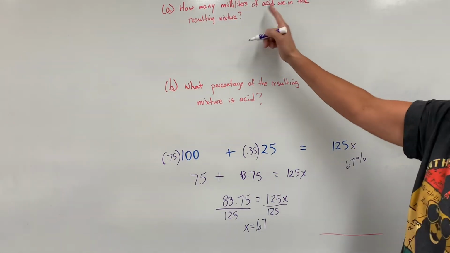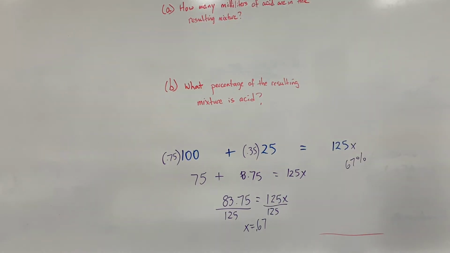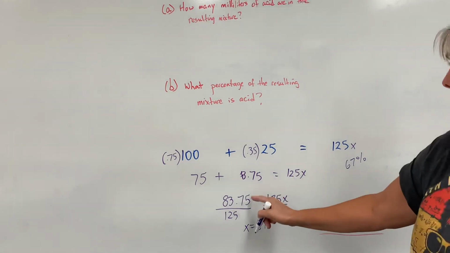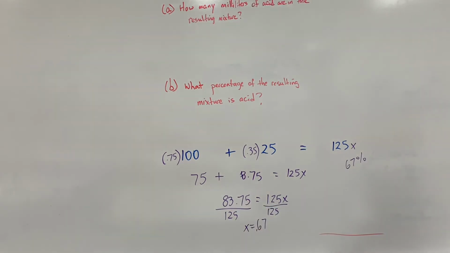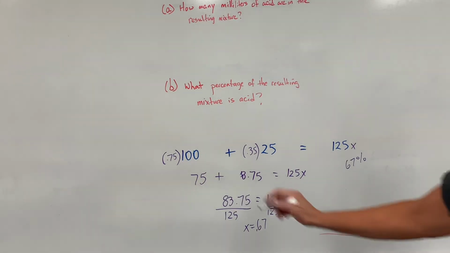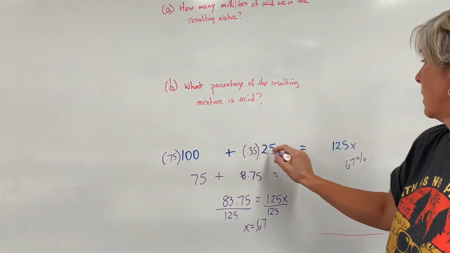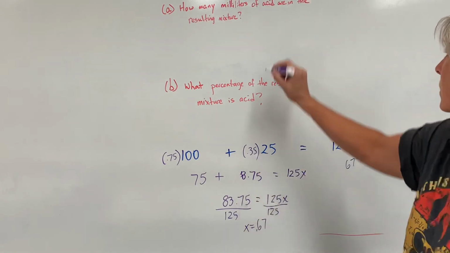So how many milliliters of acid are in the resulting mixture? We actually had already answered that question over here. It was 83.75 milliliters of acid, because we did this acid times that, together that was 83.75.